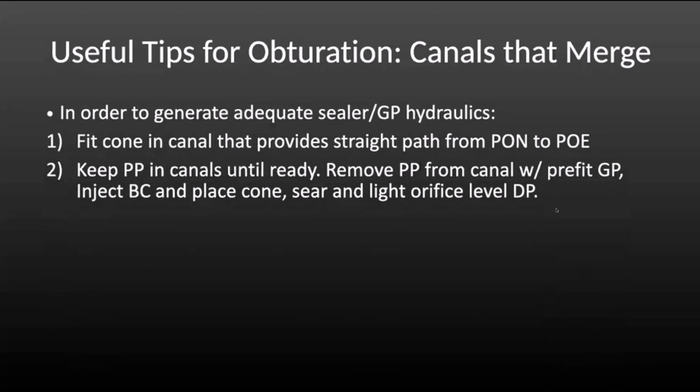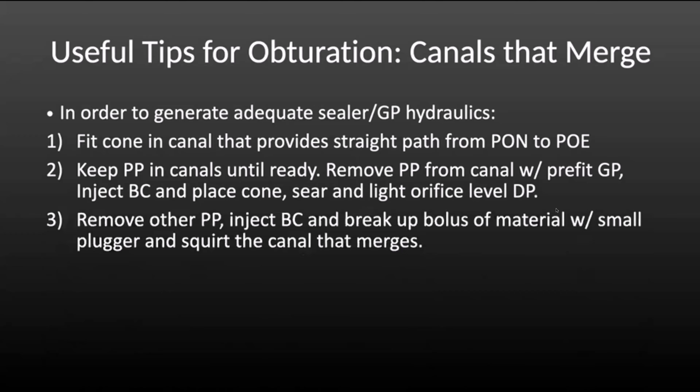Then I keep the paper points in the canals until ready. I remove the paper point from one canal, and then with the pre-fit gutta percha, I'll inject the BC and then place that cone to length. And then instead of fitting another cone into that merging space, I'll basically backfill.